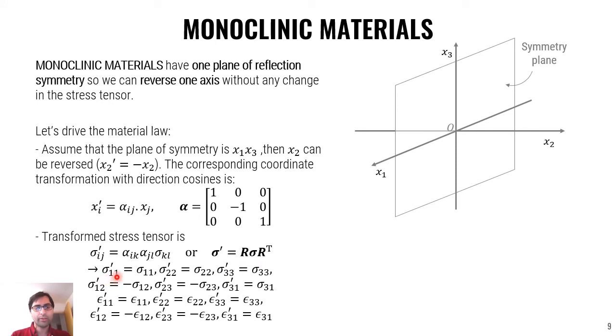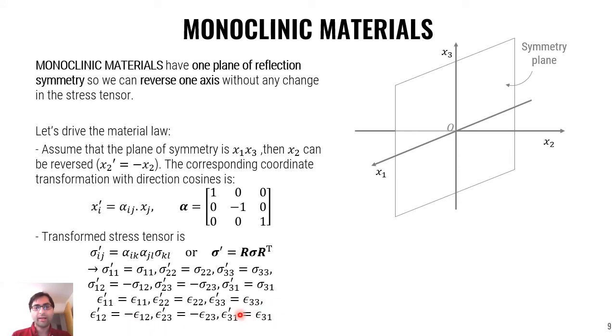Sigma 11 prime is equal to sigma 11, sigma 22 prime is equal to sigma 22, the same for sigma 33. But you see that to get the stress tensor invariant, we should set sigma 12 prime equal to minus sigma 12. The same for sigma 23. You see the same thing for epsilon as well.